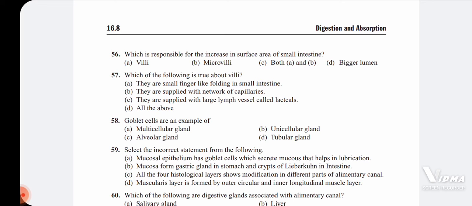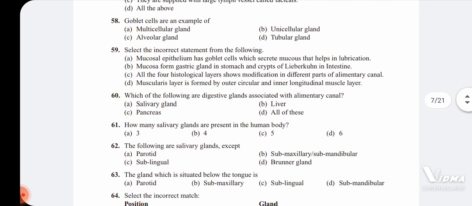Next, 59th question, select the incorrect statement from the following. They have given 4 statements, and we have to choose which is the incorrect one. Option A, the mucosal epithelium has goblet cells which secrete mucus that helps in lubrication. So option A is correct.